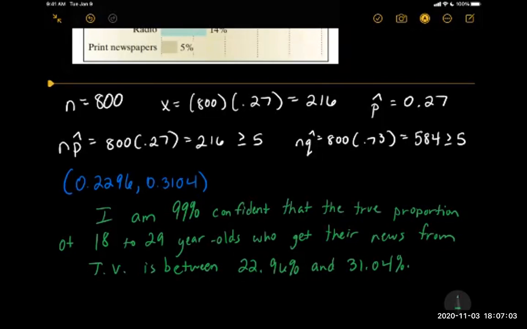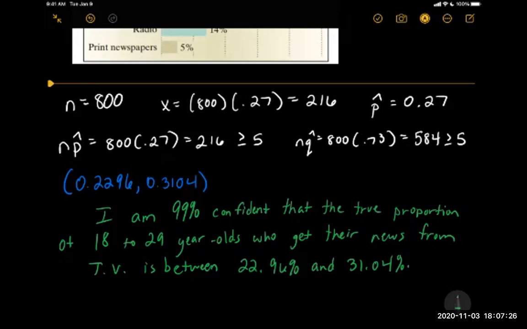So the last thing that you need to know about finding confidence intervals is an unusual idea: how many people I need to survey. Every time I've given you the number, one was 800.